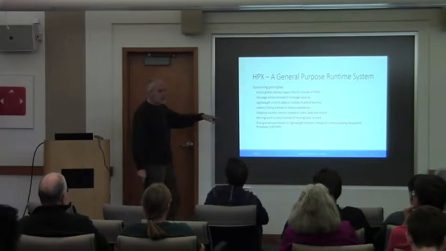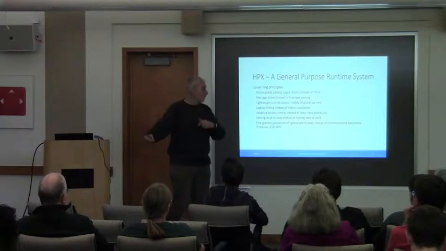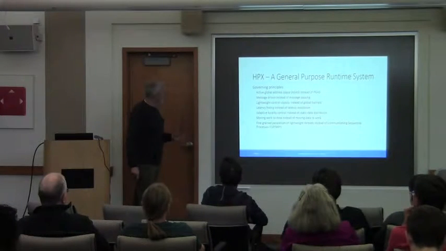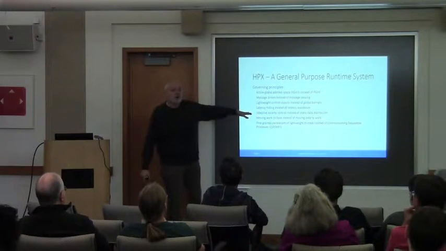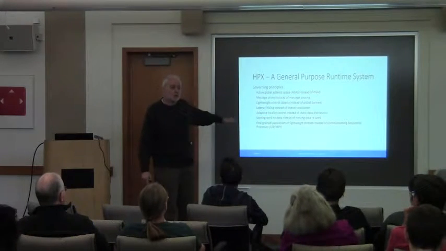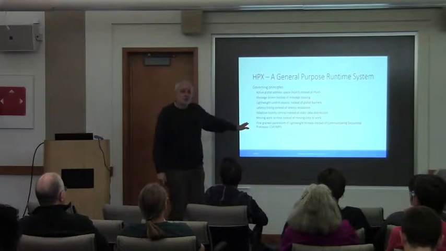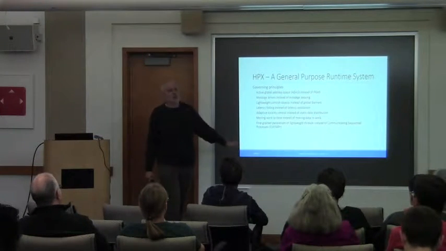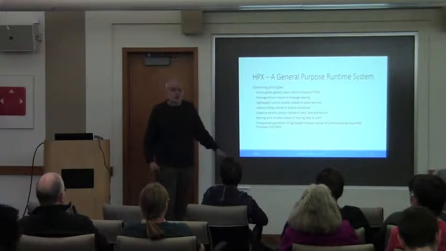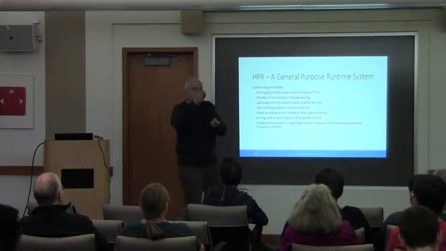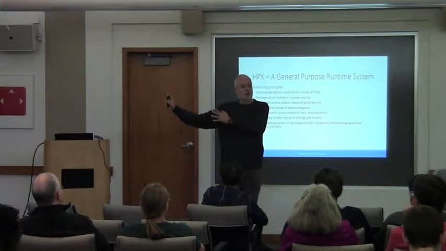We try to hide the latencies of the network behind useful work. And an important one is fine-grained parallelism of very, very lightweight threads. When I say lightweight threads, I mean threads which last 10 microseconds, 20, that's it. So threads which really are created to do one single thing and then go away.